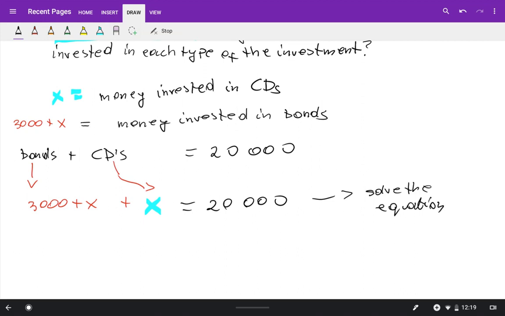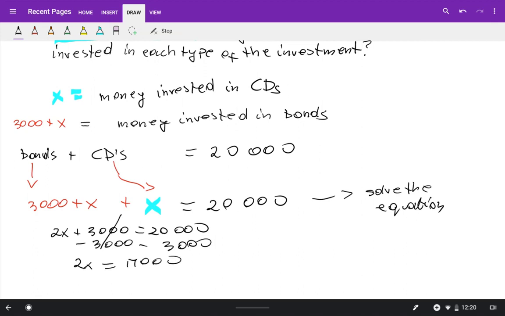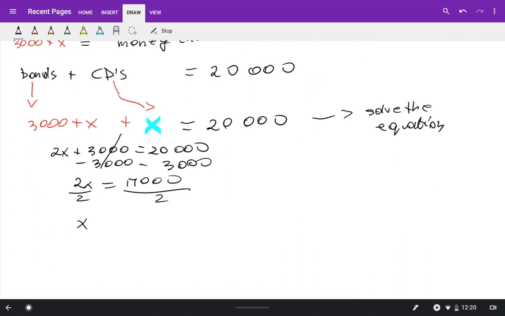So we have X plus X, that will give you 2X plus 3,000 equals 20,000. Subtract 3,000 from both sides, and we end up with 2X equals 17,000. Divide each side by 2, and we end up with X equals 8,500.